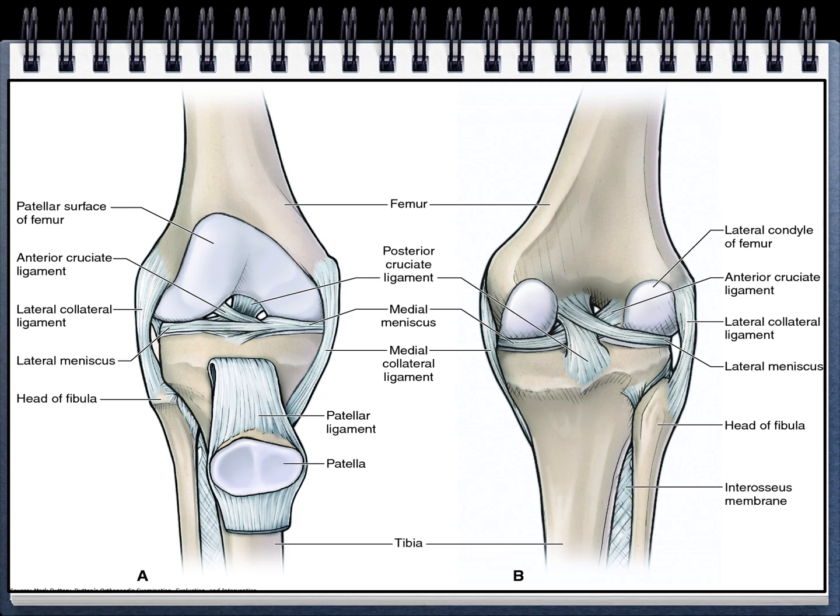Interosseous means in between the bones, and we get membranes between most of the bones. So I thought it was a good diagram to give you a good idea of what the inside structure of the knee looked like, which we can't see or necessarily palpate.